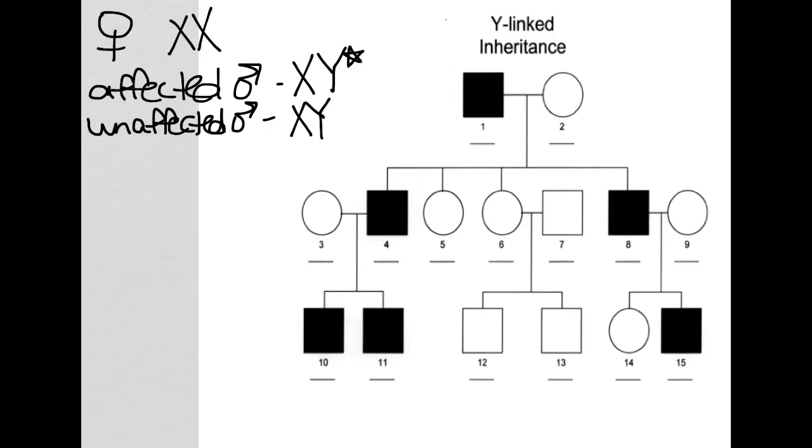So given this information, we're going to start filling in the pedigree. The easiest to start with are going to be the females. All of them are going to be unaffected, so their genotypes are XX.